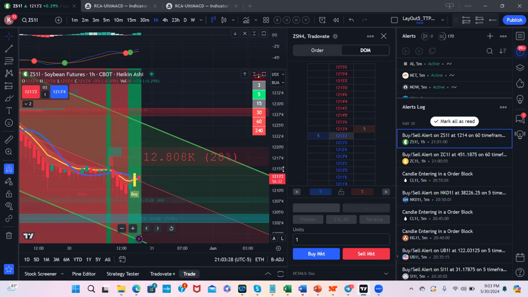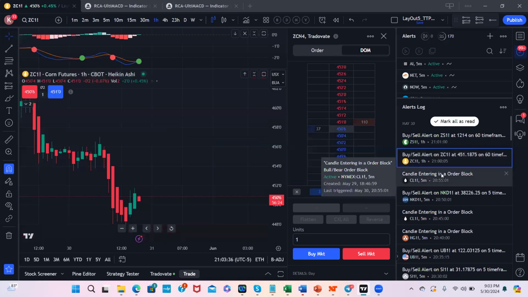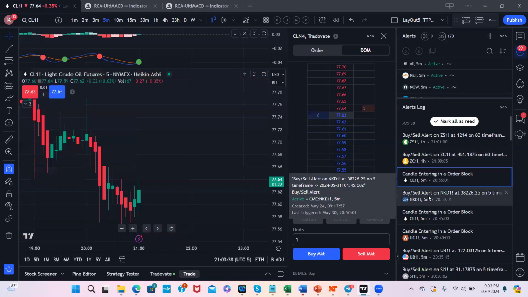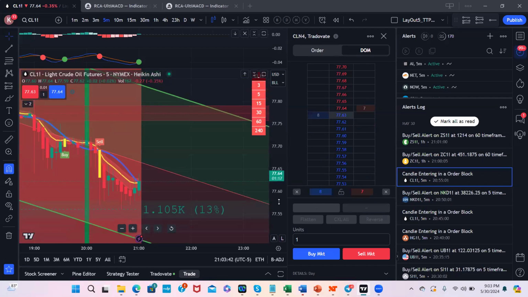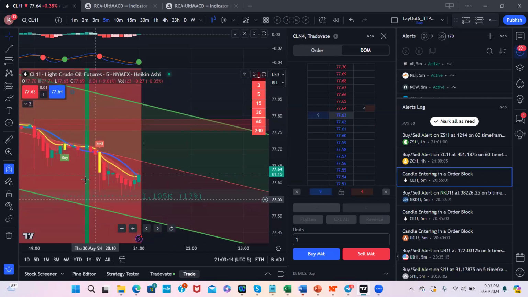We are still waiting for a signal from silver and also from gold. In case we get a buy signal, we can enter long, but that is also risky.